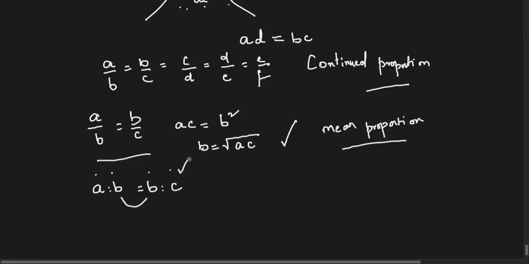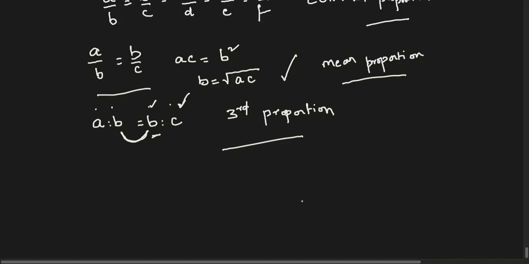We will not call this the fourth; whenever the second and third terms repeat in a continued proportion, we call the last term the third proportion. So don't get confused and don't try to find this B. In such scenarios, our last term will be the third proportion. I hope this is clear. We will do one or two problems so that it will be more clear.